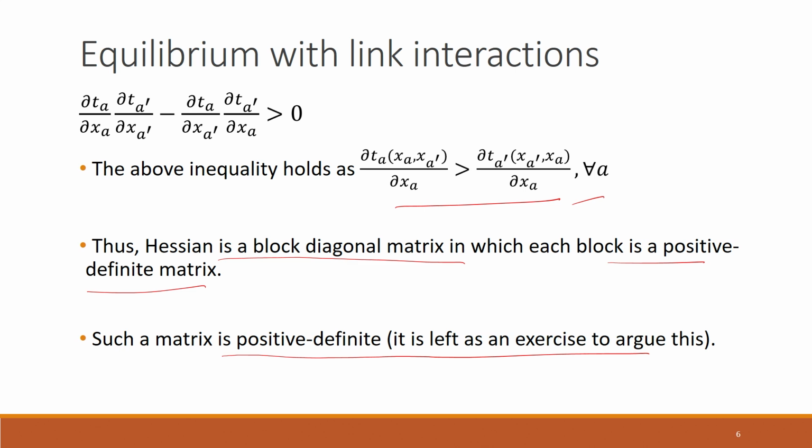So, what we have shown is that these 2 cross 2 block matrices are positive definite, and that will imply that this Hessian matrix, which is a block diagonal matrix where it only has non-zero entries along the diagonal, and all of these entries are block matrices, and everywhere else we have 0 matrices, will also be positive definite.